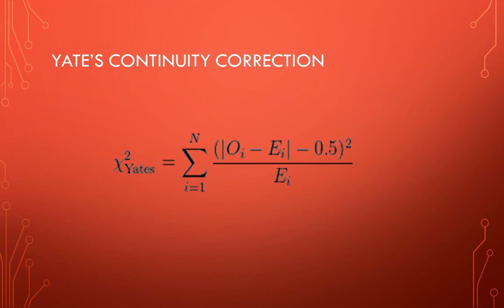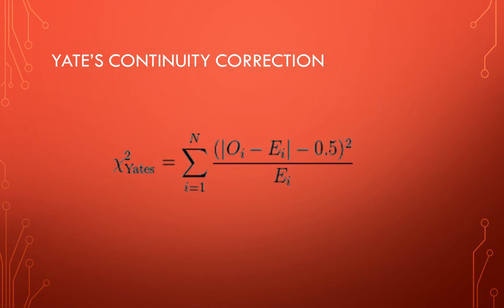So absolute value just means you remove the plus or negative sign, which might be present in front of this difference before you subtract your 0.5. So everything becomes positive within this absolute value sign. Other than that, the dividing by expected and the summing of everything up is exactly the same.